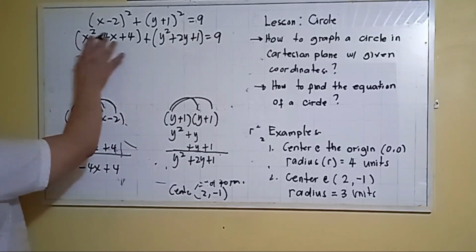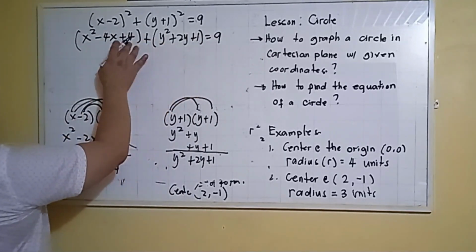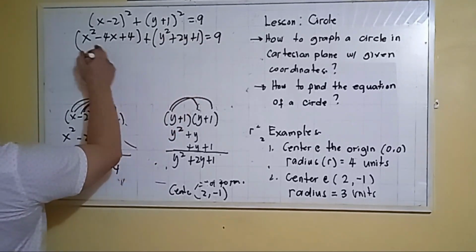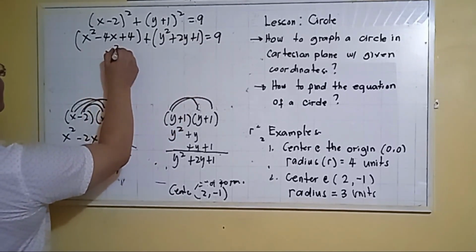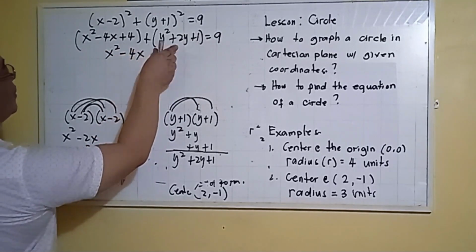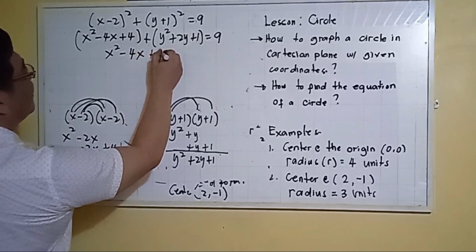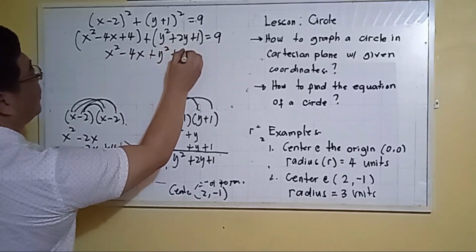Tapos tatanggalin lang natin yung parenthesis, nilagay ko lang kanina, and then transpose natin tong constant dun sa kabila. Ang matitira dito is x² − 4x. Dito naman yung matitira is plus y² + 2y.